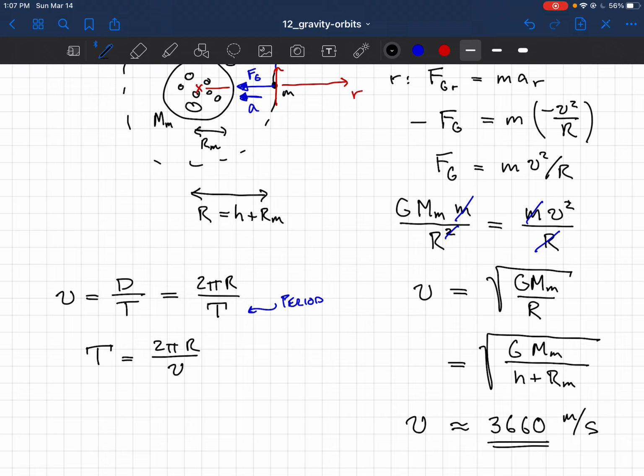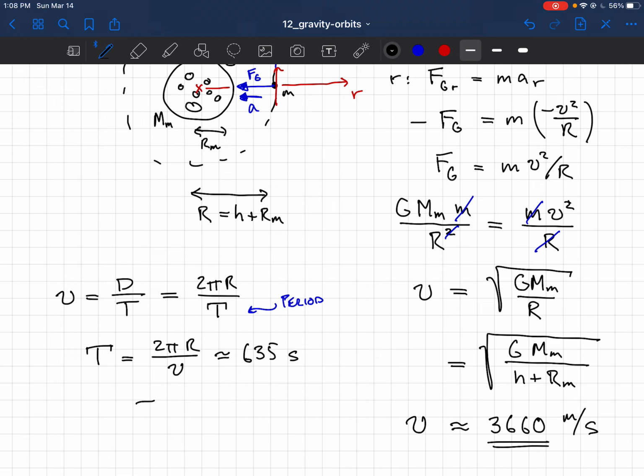So let's figure out what that is. Well, it's 2 times pi times that quantity 200,000 plus 170,000 meters divided by almost 4,000 meters per second, and we get 635 seconds. Well, what is that?